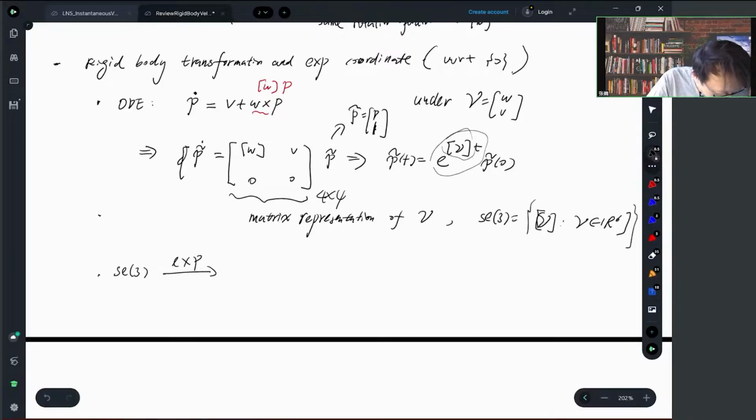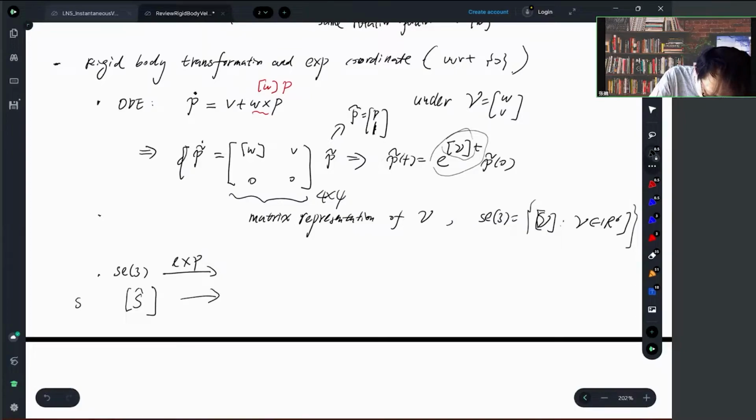Suppose we have S hat, a unit vector, in here, and if you take the exponential, this becomes the exponential of S hat theta, the unit vector by a certain degree.